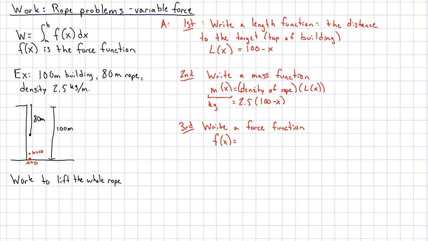The mass is here; acceleration, for the purpose of problems that happen on planet Earth, will be gravity. So I'll use 9.8. You can use more decimals if your class requires it. But 9.8 times my mass function, which is 2.5 times 100 minus x. So that is my force function.